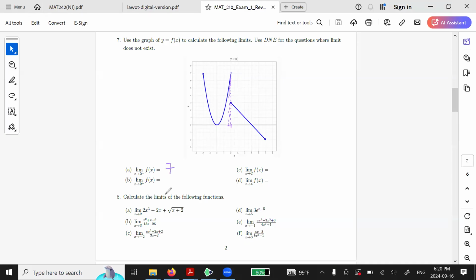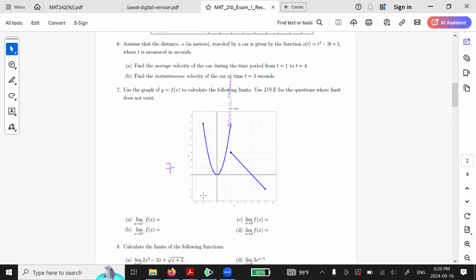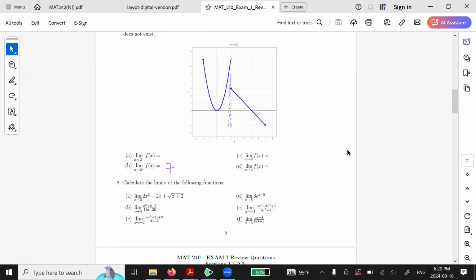Everybody can see the screen. Is it clear enough? No, the graph. Don't zoom in the whole, yeah. I'll try. Okay, never mind. How do you see?